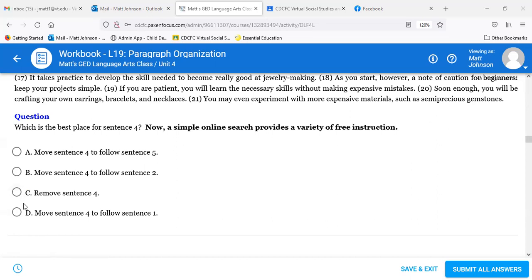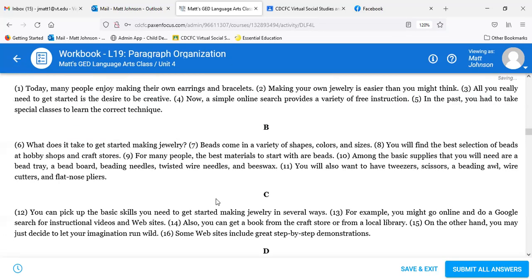Sentence 4. Simple instruction. A, right? Move sentence 4 to follow sentence 5.